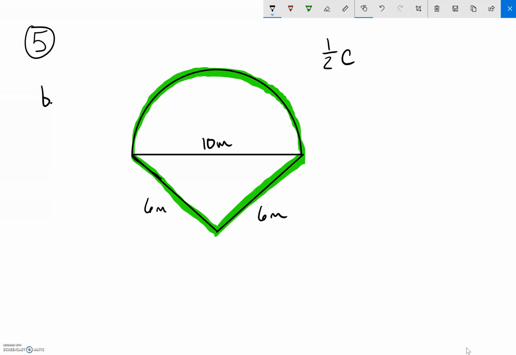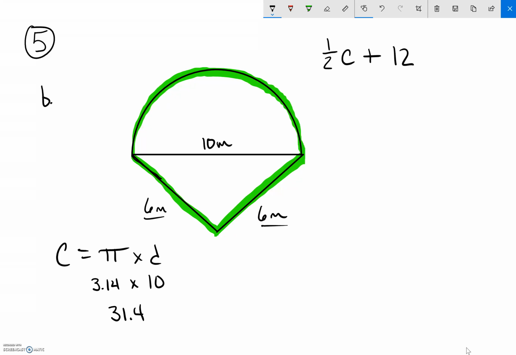So we're going to get half of a circumference plus 6 plus 6. So let's just call that plus 12. That's going to give us the perimeter. So all we need to find is this half of a circumference. To get full circumference, it's pi times diameter, or 3.14 times the diameter of 10. That's going to give us 31.4 as the circumference.